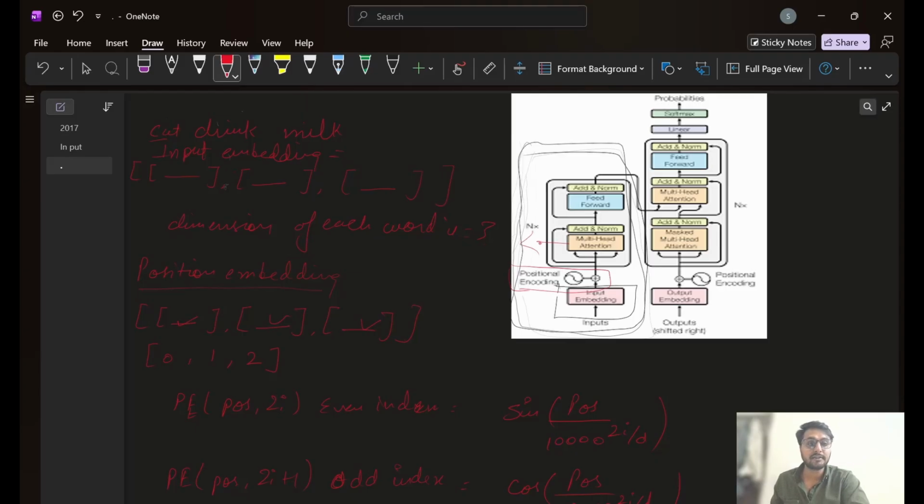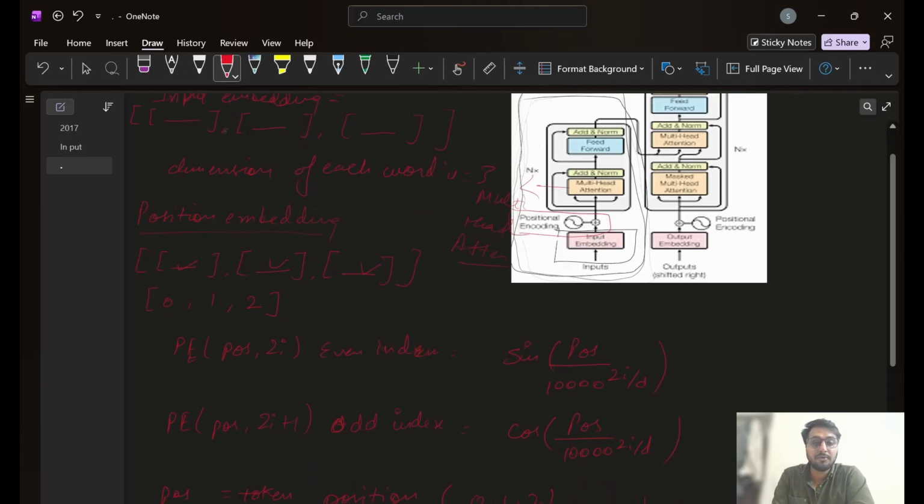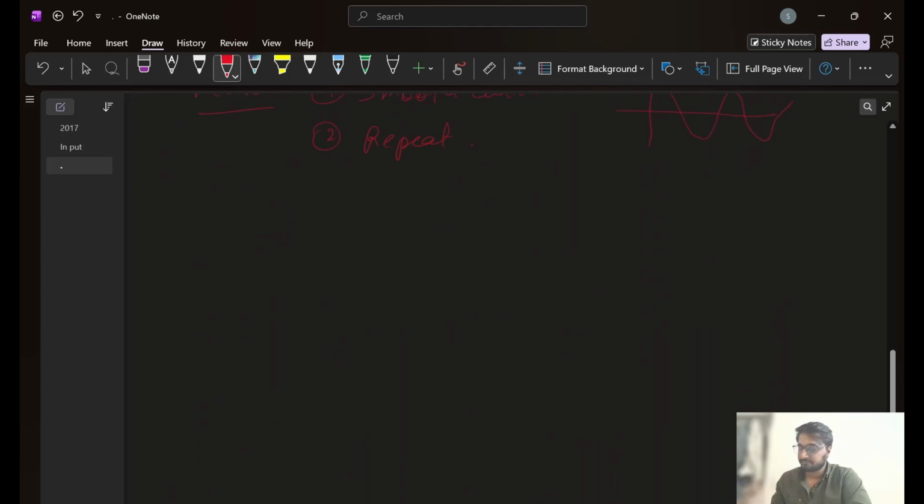Now let's discuss multi-head attention. This is the main hero of the story. We discussed positional embeddings. Now first let's understand what is self-attention.